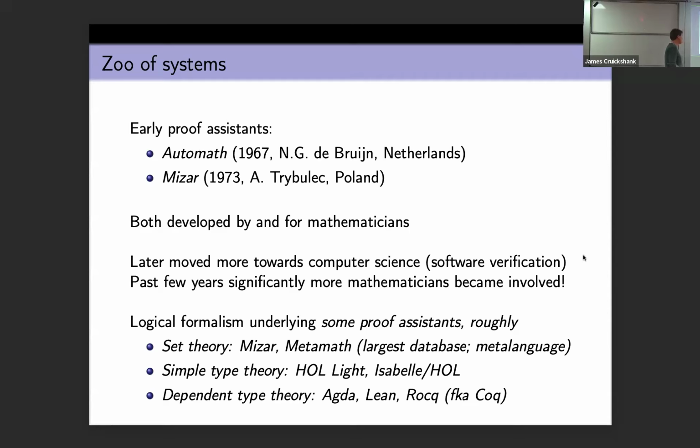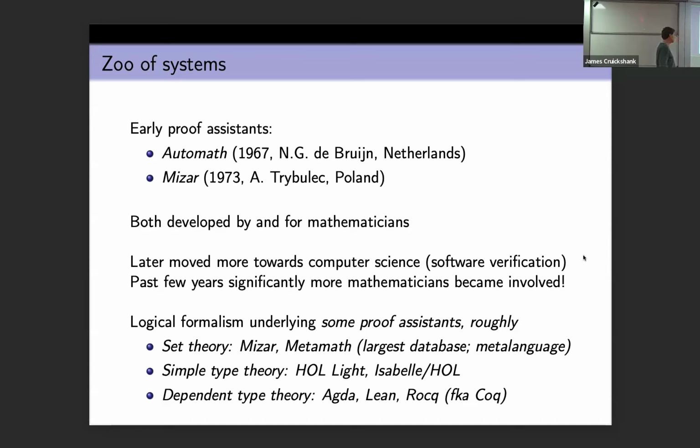And then you can do what's called simple type theory. There are examples of proof assistants that are still in use, HOL Light or Isabelle/HOL. For example, if you're interested in doing complex analysis, then this is very advanced. And then you can do something called dependent type theory, which is, in some sense, much more expressive and a bit closer to how we usually like to think about or develop modern mathematics.